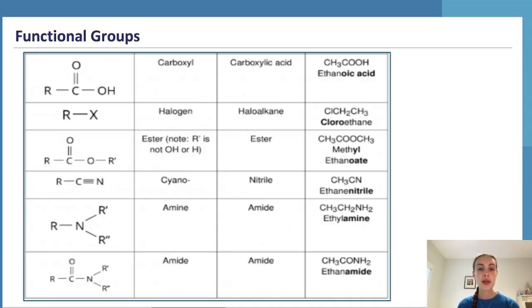The next one we can look at is nitriles. Nitriles have what's known as either a cyano group or a nitrile group, it can be called either. Nitriles are basically just your simple alkane, alkene, alkyne molecules, but instead they've got a triple bonded nitrogen atom on the end of the chain.